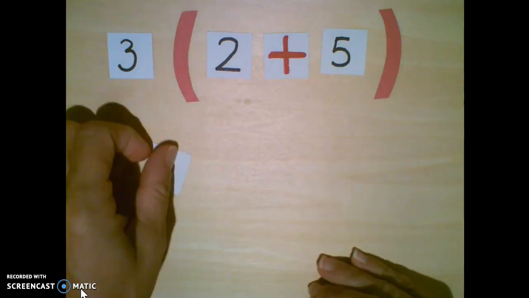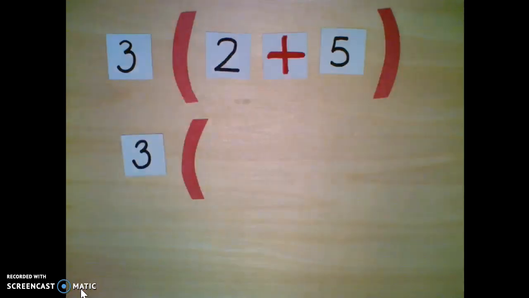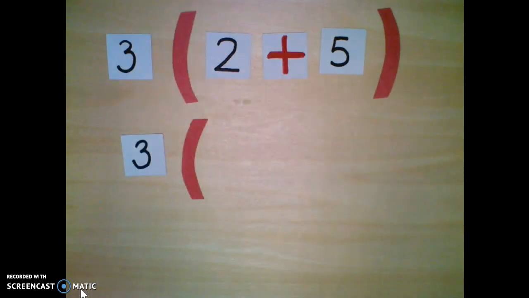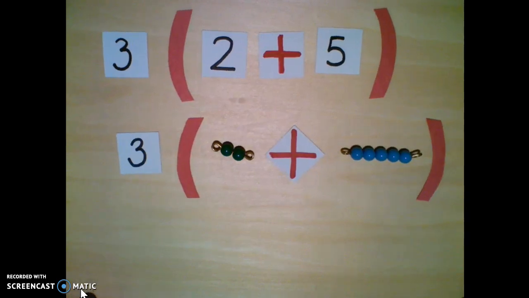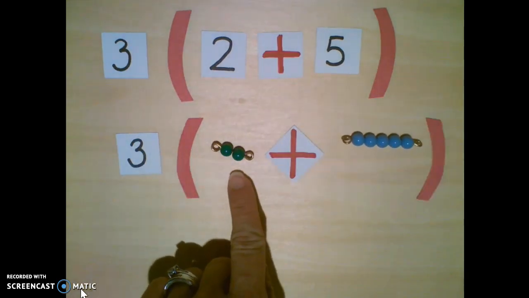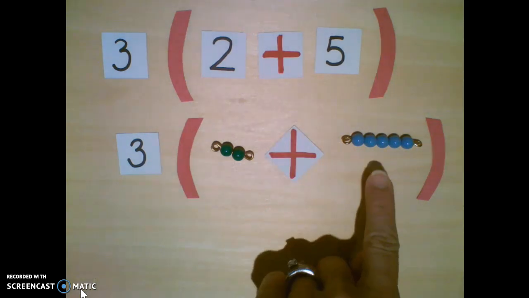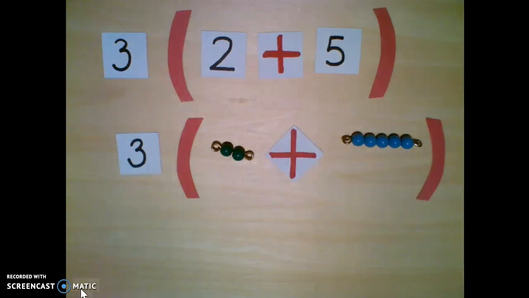Let's look at another way to look at this visually. 3 times 2 plus 5. All this is telling me is that I need to take 2 three times and 5 three times. I'm taking everything in here 3 times.